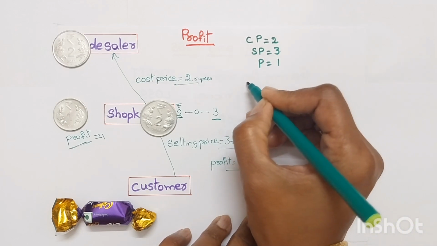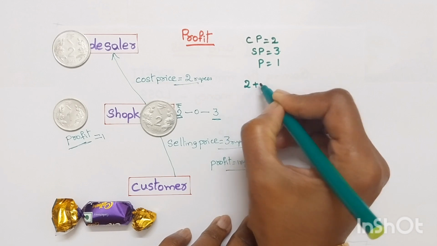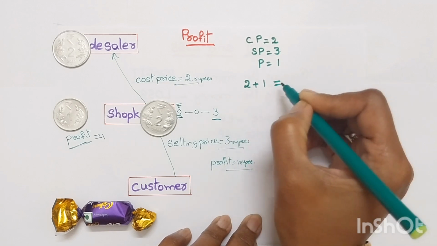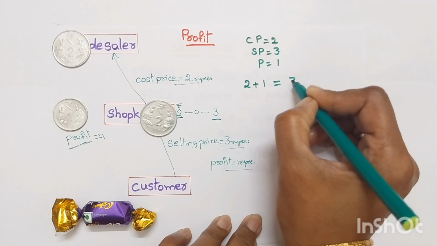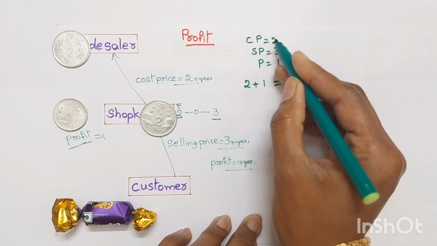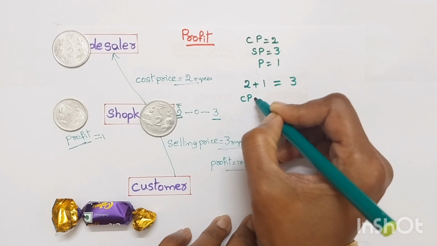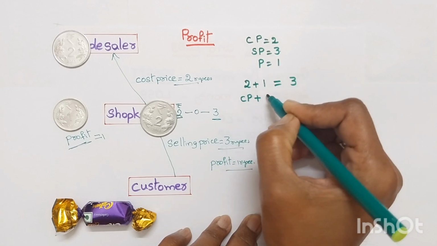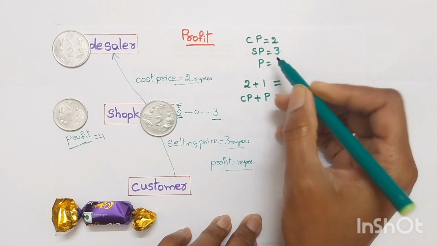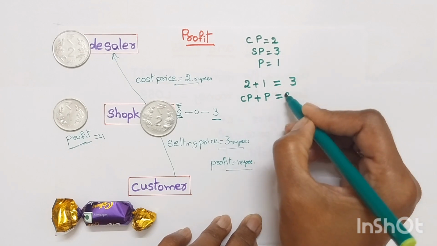Now I am doing 2 plus 1. 2 plus 1 is 3. Here 2 is CP, plus 1 is profit, equals 3, which is the selling price.